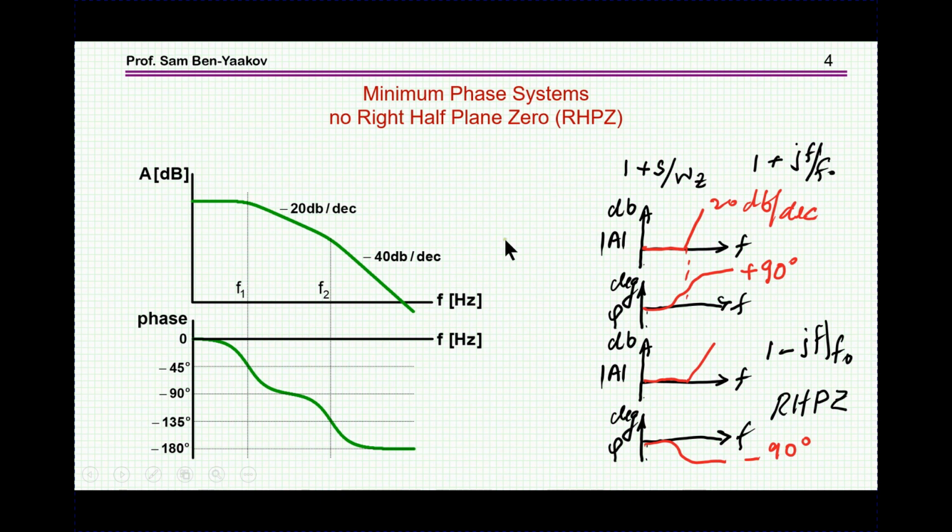A right half plane zero has the behavior of a zero, but rather than a phase advance of 90 degrees, you'll have a lag of 90 degrees. So you're actually adding another lag, and therefore you have to take it into account in the Nyquist criterion, which I'm not doing in this presentation.